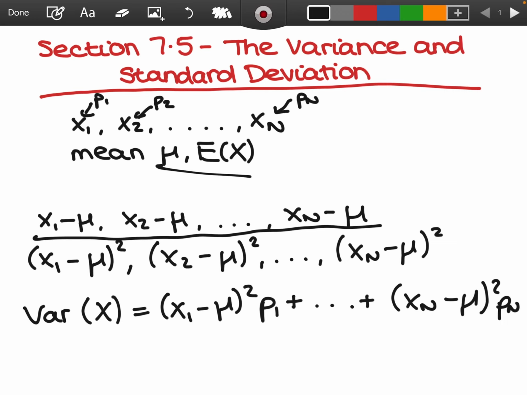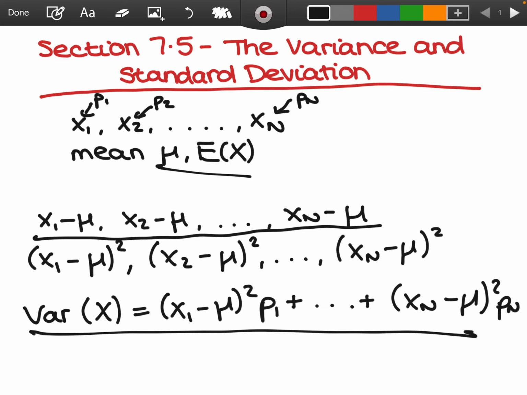So to stop that from happening, I'm going to square each of those values, and then I'm basically finding the mean of the distance of each of the data points from the mean. I'm finding an average of the distances that the data points are away from the mean. That's what the variance actually is. This is the variance for a probability distribution.